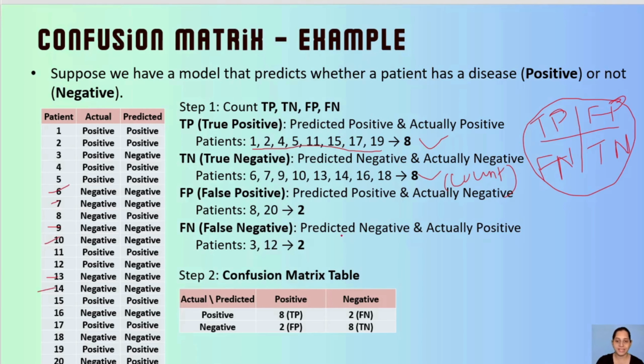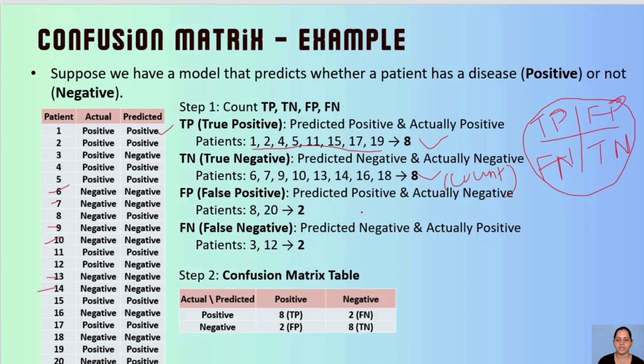Then false positive. This is one of the trickiest parts, how we are calculating. We are calculating predicted positive and actual negative. What is the meaning of that, or how are we inferring it? That means the model predicted a positive output, however that is actually negative.